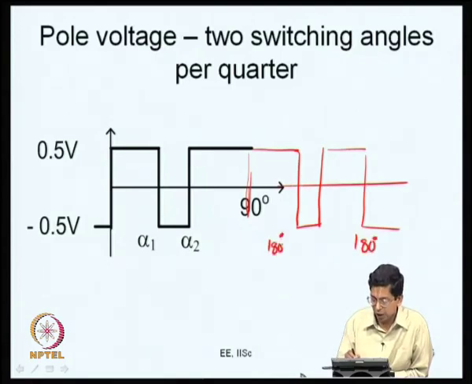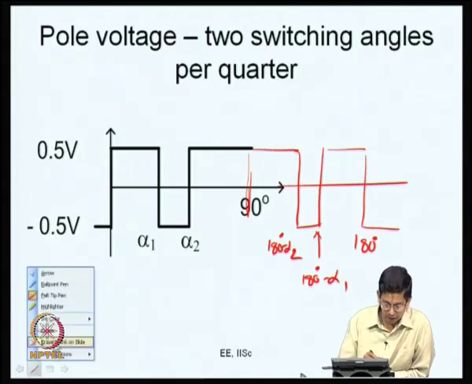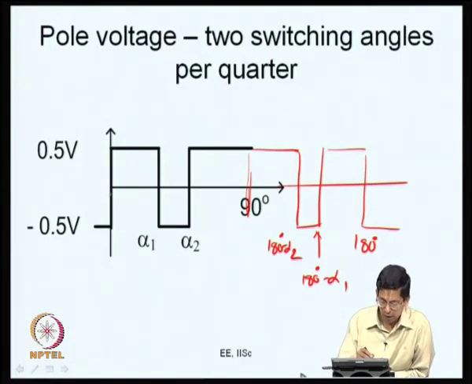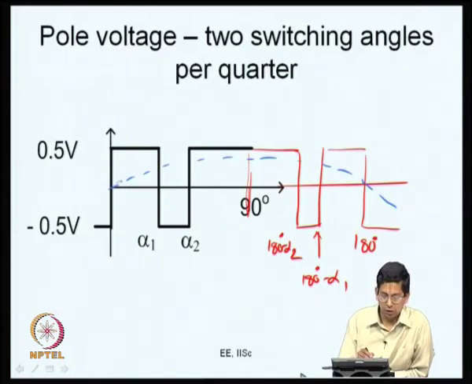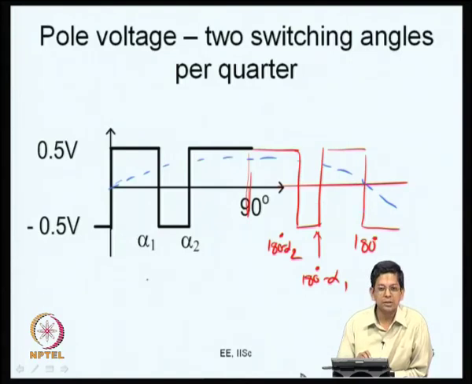This angle will be 180 minus alpha 2 and this angle will be 180 minus alpha 1, this is 1/2, and this will have some fundamental component like here. Okay. So, at 0 the fundamental has its positive 0 crossing, at 180 the fundamental has its negative 0 crossing. At 90 degrees the fundamental is at its peak. This is how it will be now.